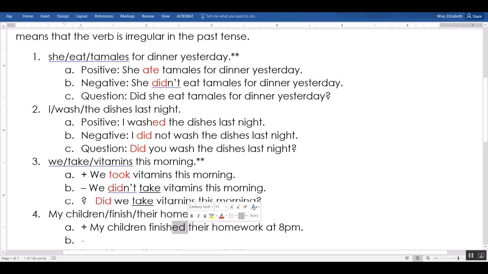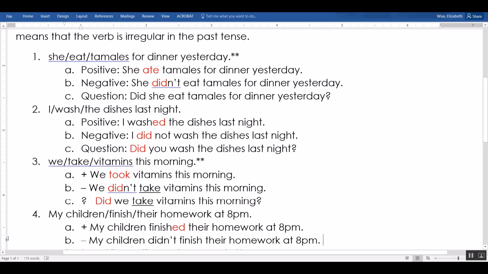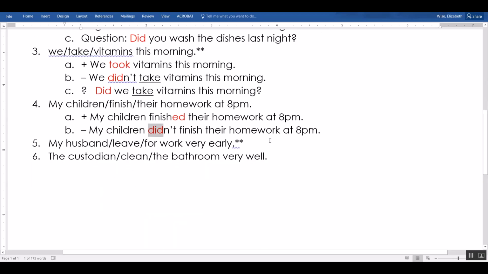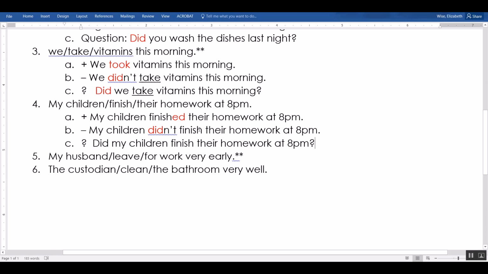Negative: my children didn't finish their homework at 8 p.m. And then the question: did my children, the person, second verb, finish, no ed, their homework at 8 p.m.? So remember, in the negative and the question, finished does not have the ed because you have did and did.